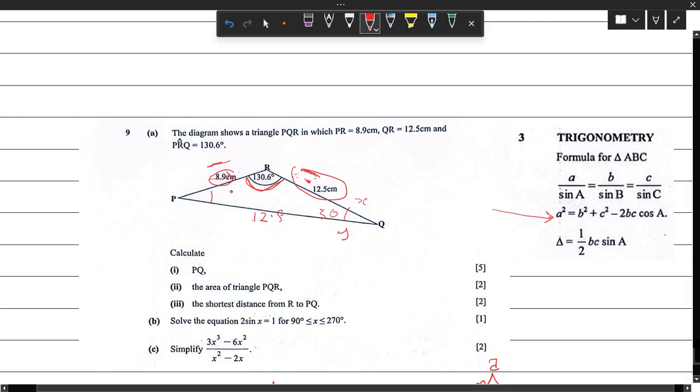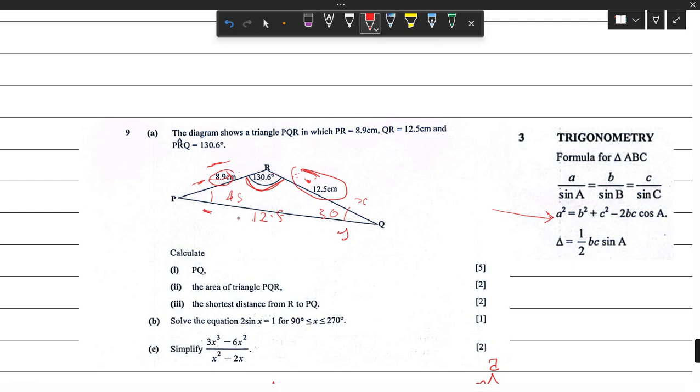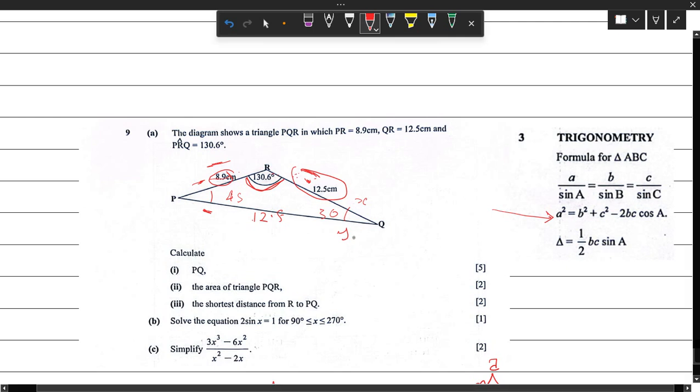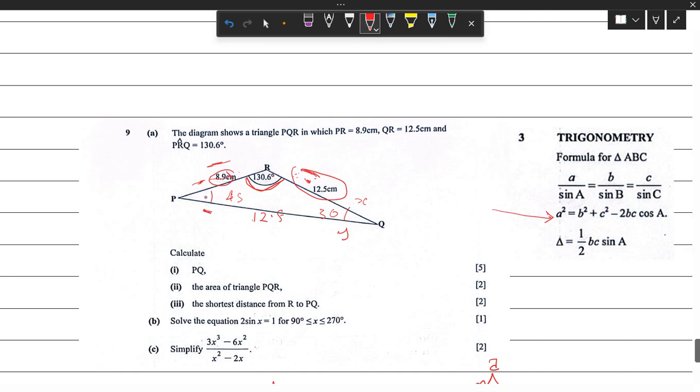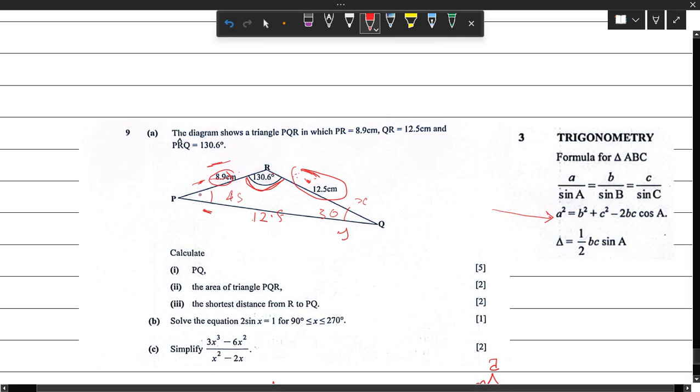The angle can be here, and they give you distances for this and this, you use cosine rule. So cosine rule is used when you have an angle separating two distances which have been given.